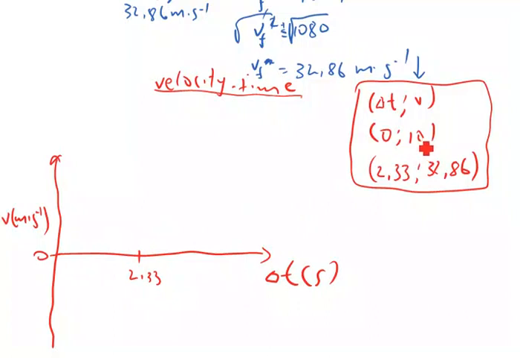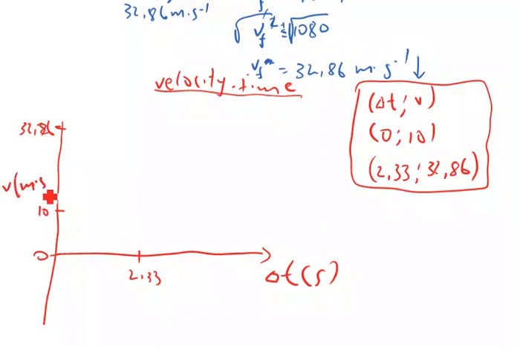Then on the y we have 10, so we can have 10 here. Then here we have 32.86. Don't forget v, meters per second.